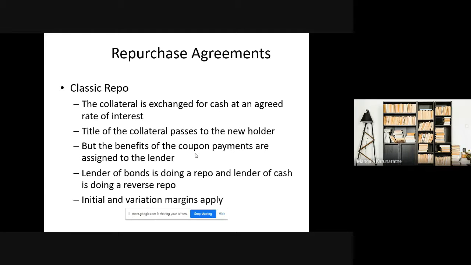So when we say variation margin, in certain cases it applies as soon as it comes below the required margin. But the actual term variation margin is that you have a lower limit.